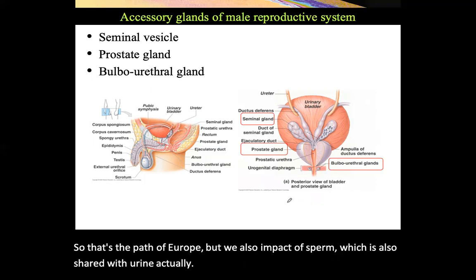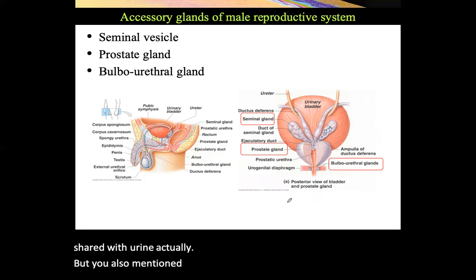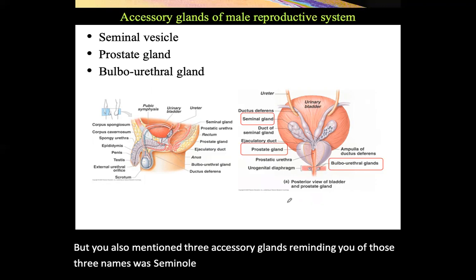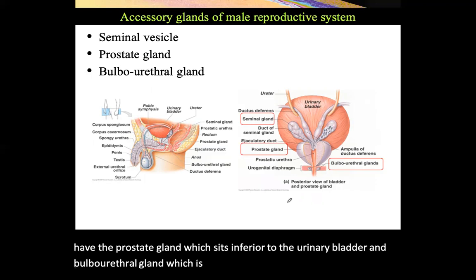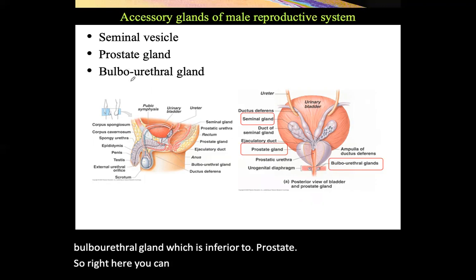But we also mentioned three accessory glands. Reminding you of those three names: the seminal vesicle, which is posterior to the bladder; the prostate gland, which sits inferior to the urinary bladder; and the bulbourethral gland, which is inferior to the prostate gland. Right here, you can see the three glands again.